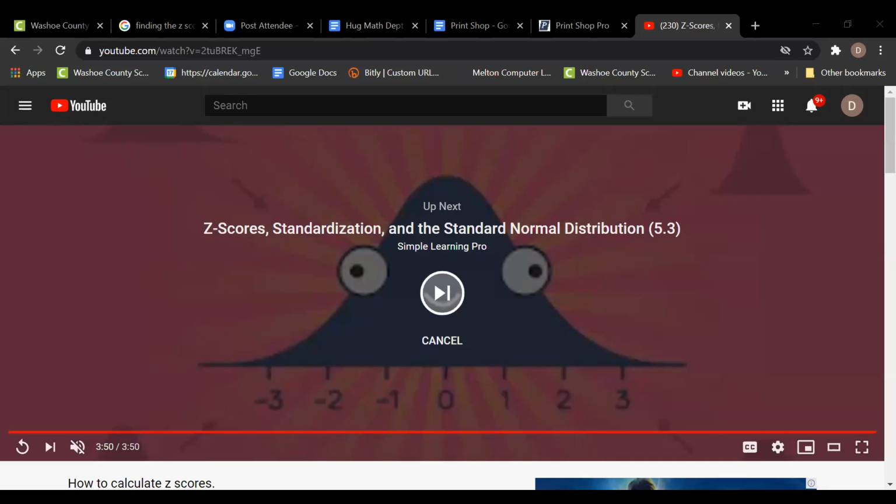How many standard deviations is that? Well, let's look at the bell curve here. Draw yourself a bell curve. The mean right here in the center is going to have an IQ of 100. Now we want to figure out how far to go to reach 160, which is Einstein's IQ.